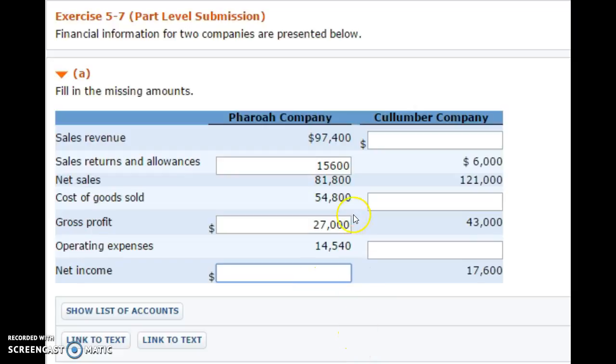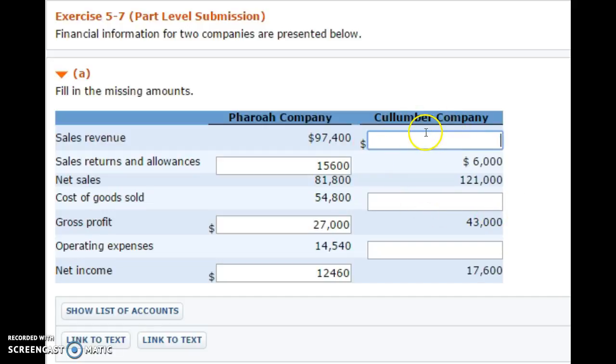Then we want to solve for net income, and the net income is the gross profit minus the operating expenses, and that gives us $12,460.